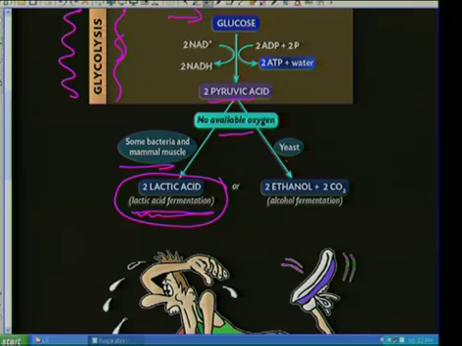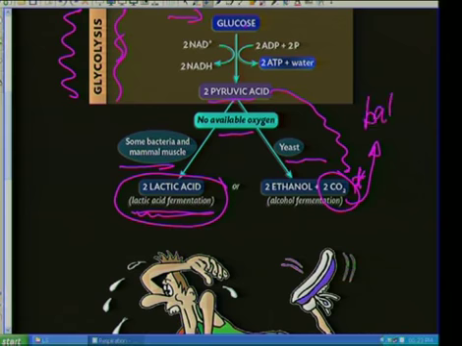In a plant, like for example, yeast, if there's no oxygen, the pyruvic acid is converted to ethanol and carbon dioxide. This carbon dioxide, by the way, is used in the baking industry. And ethanol, you can hear the word ethanol, alcohol, and this is known as alcoholic fermentation.